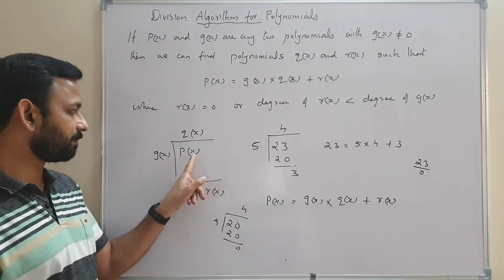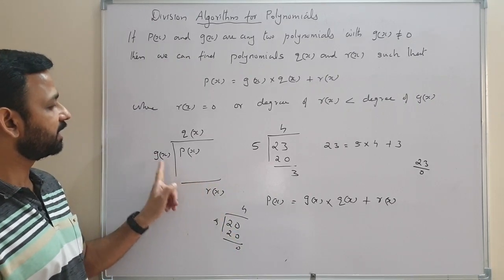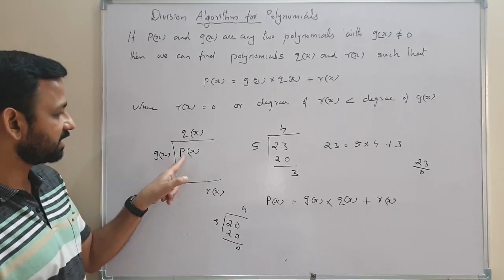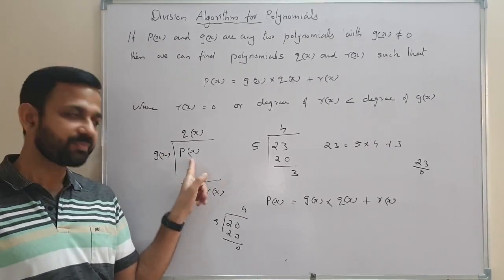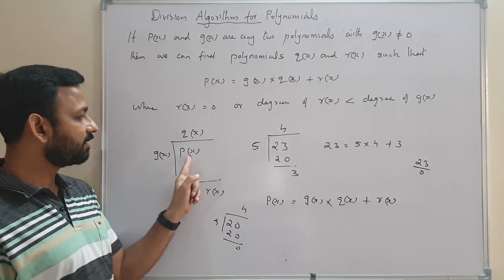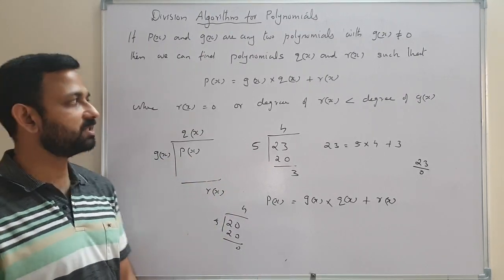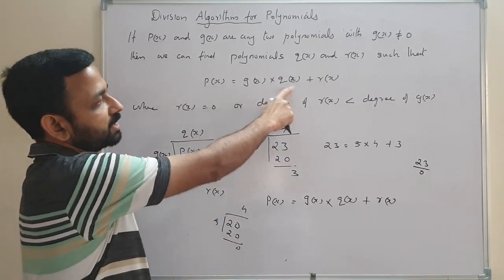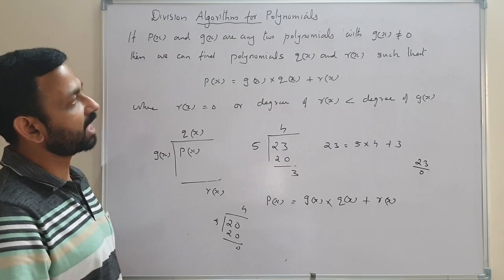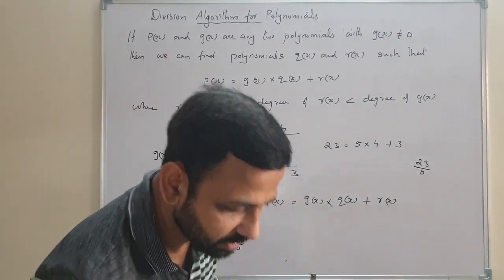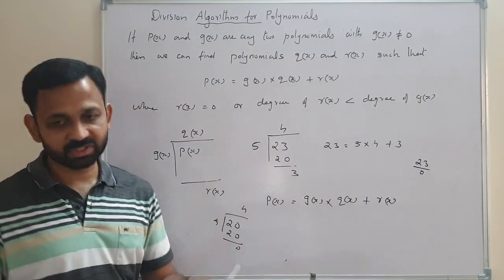Similarly, when we divide a polynomial by another polynomial, if we get a remainder 0, we can say that g(x) is a factor of p(x). If the remainder is not equal to 0, then g(x) is not a factor of p(x). So this is the division rule: dividend is equal to divisor into quotient plus remainder, the division algorithm of polynomials. Now we can do some questions.